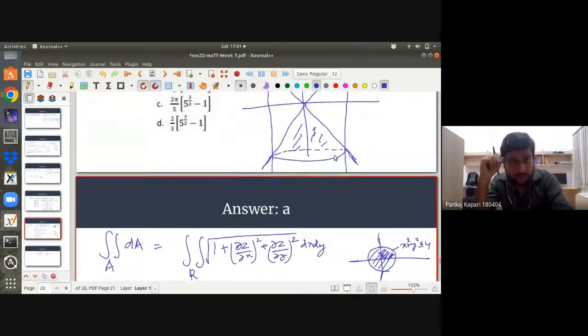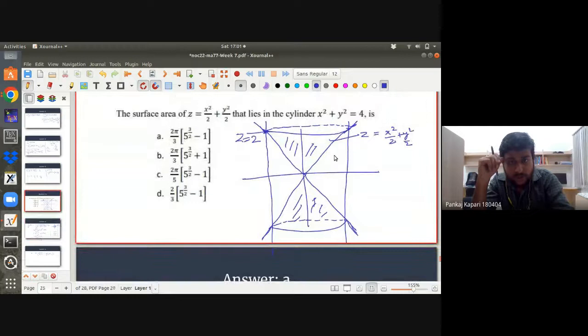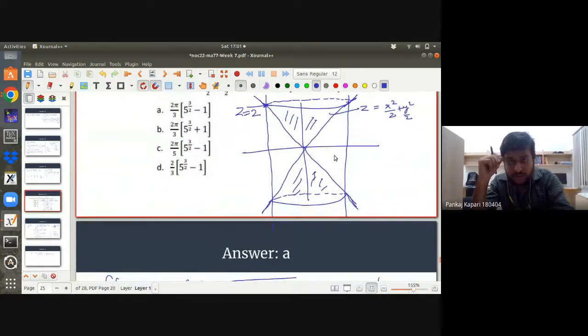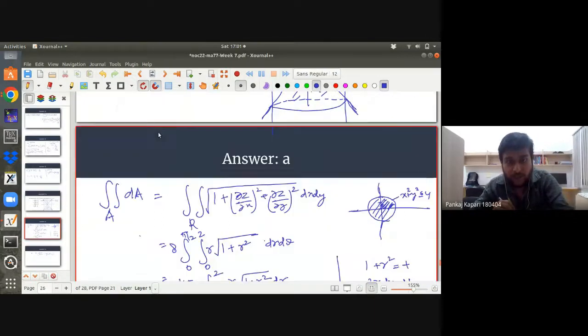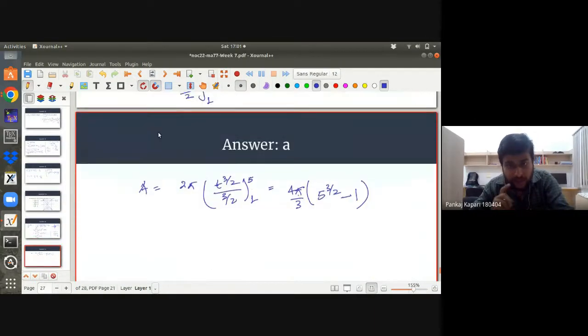Okay, so there is again a mistake by a factor of 2. Where is that? Because the correct answer is option A, which is 2 pi by 3 into 5 to the power 3 by 2 minus 1, and we are getting 4 pi by 3.